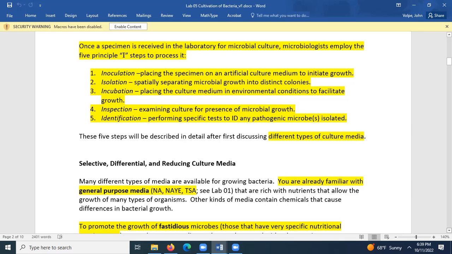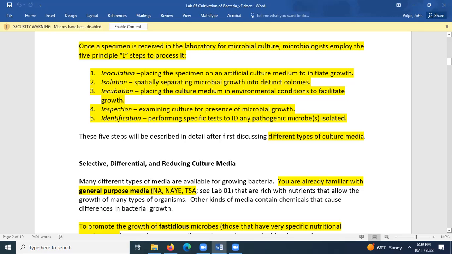Generally speaking, in the microbiology lab, we will be working with pure specimens, so that you can do things with it and know that one species is causing the result.